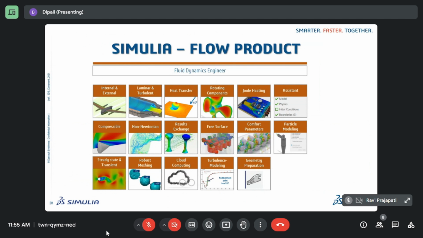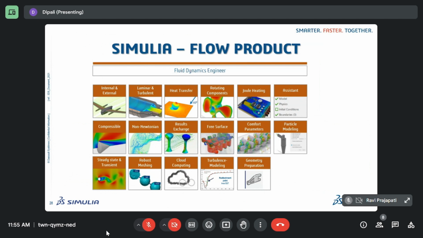You can perform heat transfer in fluids, rotating components, then joule heating, which is another advanced physics. Then you can perform compressible flow and non-Newtonian flow. You can even export that fluid load into structural simulation. That is called FSI, fluid structure interaction.